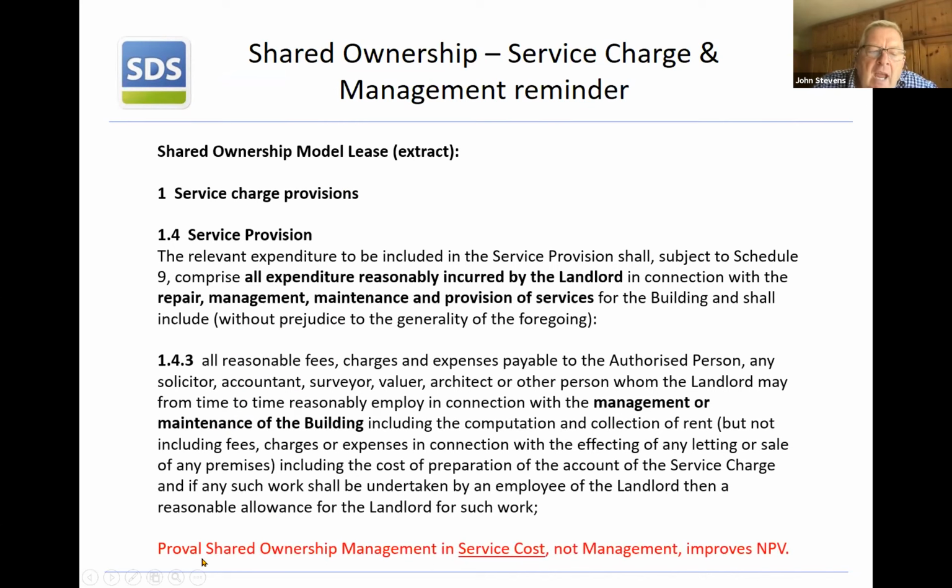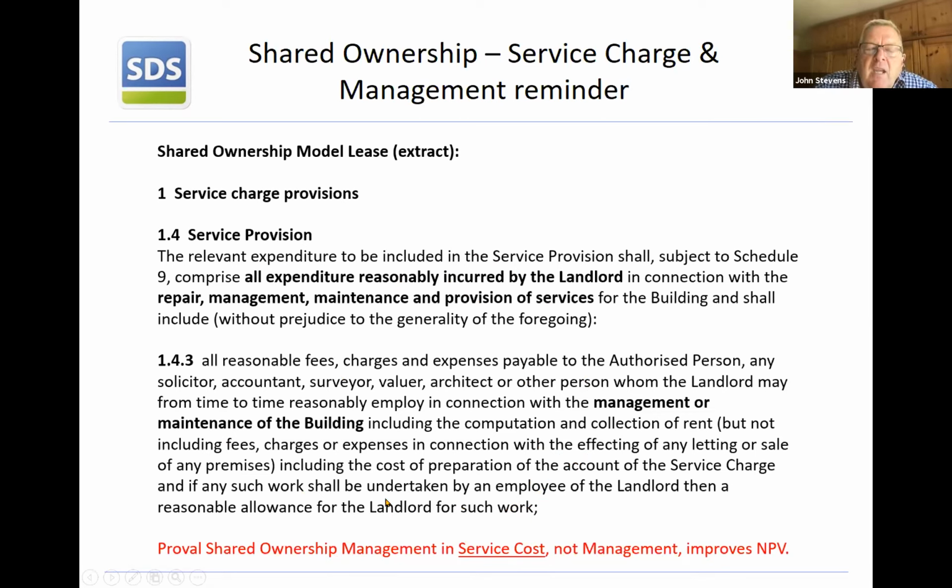Interestingly and positively, if you are putting it in the management row but you move it to the service cost area, it will improve your NPV, because service costs are usually met by the charge, and that's what this is all about. If you remove a management cost from the management area, it won't be a deduction on the gross rent, which is what we started talking about.